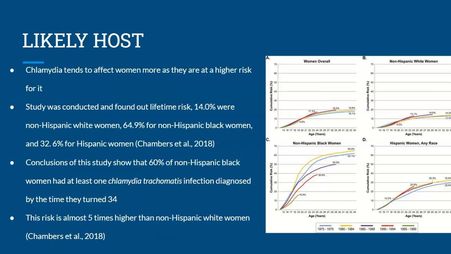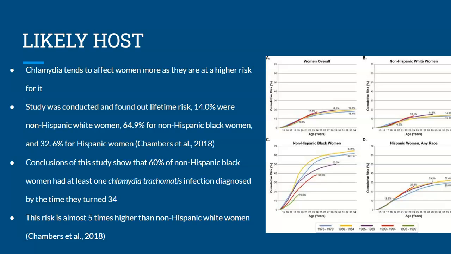So the likely host of Chlamydia trachomatis is mostly women, as they are at higher risk for it. I found a study that was conducted and found the lifetime risk, which shows that 14% was for white women, and then 64.9% for non-Hispanic Black women, and 32.6% for Hispanic women.